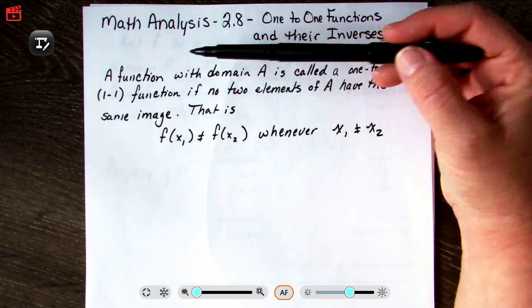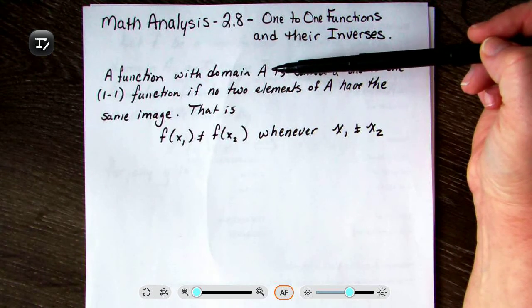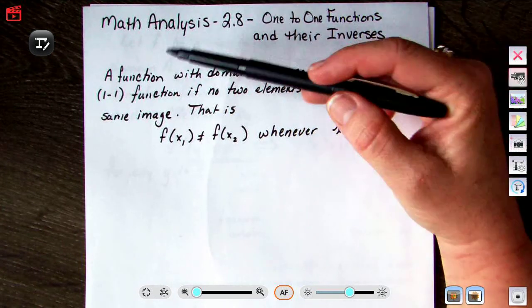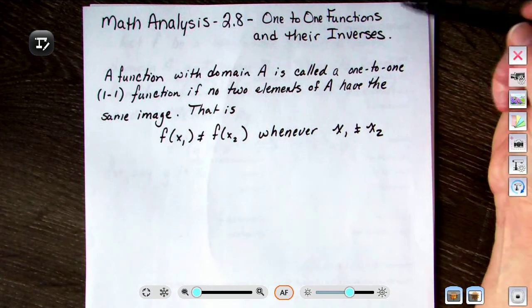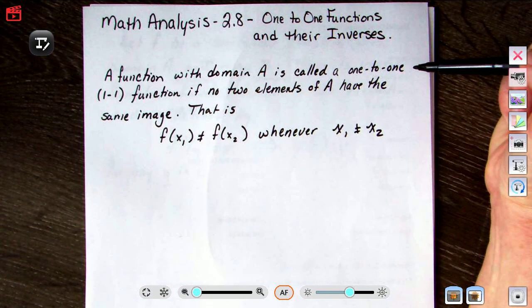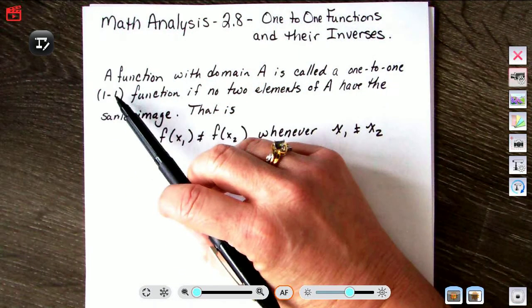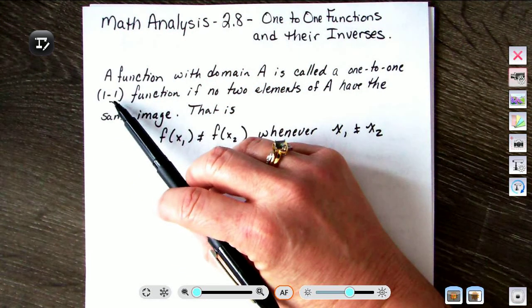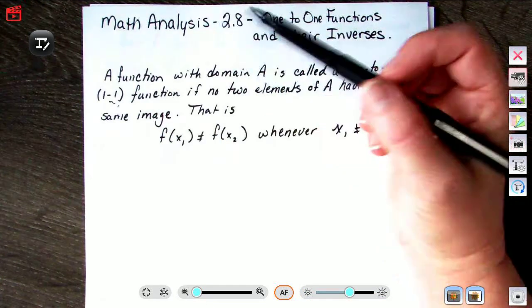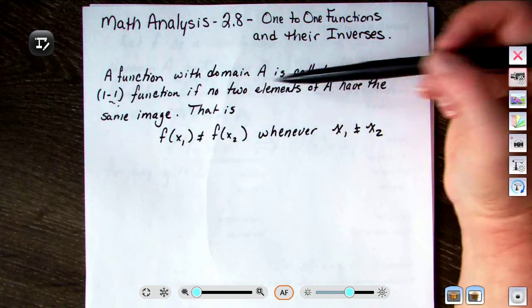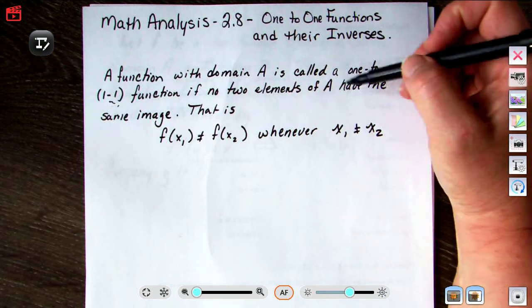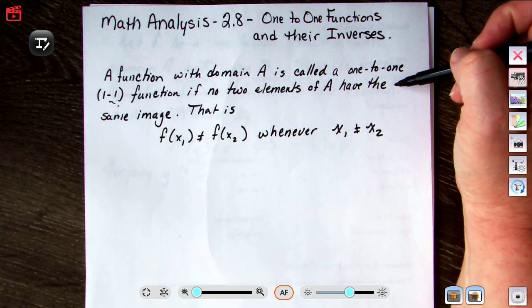A function with domain A, so we have a function, so it passes that vertical line test, with domain A is called one-to-one, or sometimes we'll see this shorter notation, if no two elements in your domain have the same image.